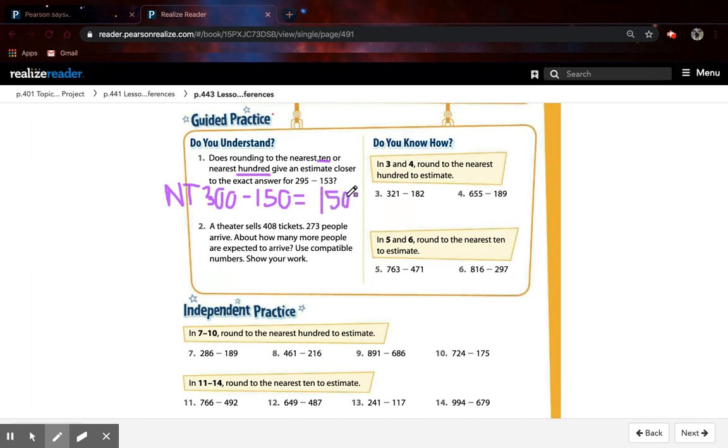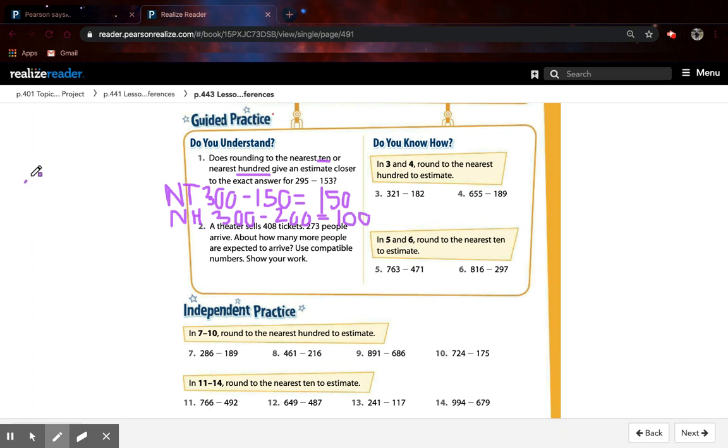And then if I were to do to the nearest 100, I would do 300 again, minus 200, which gives me 100. So my two answers I have to look at are about 150 and about 100.